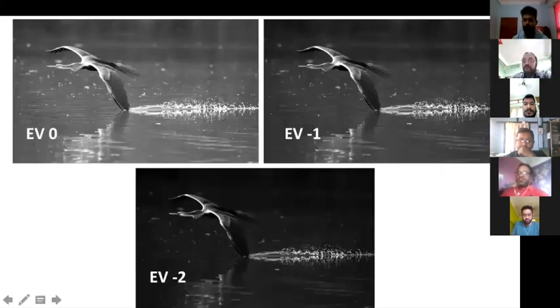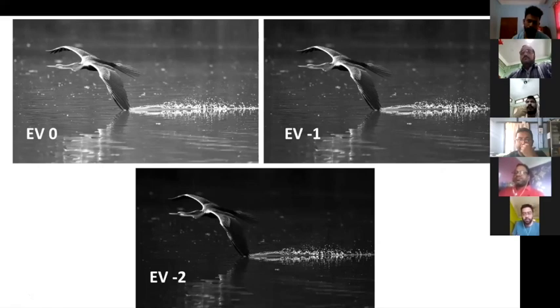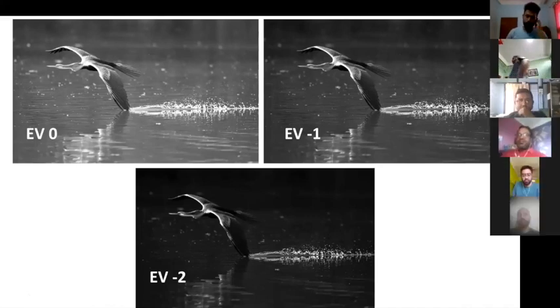Why? Consider this image. Of course, I have digitally created this just to give you an idea of why exposure compensation is important. If you look at EV0, that's the image of this bird flying over the water, and it looks pretty dull because there were a lot of black areas in the picture and a lot of extremely bright areas.